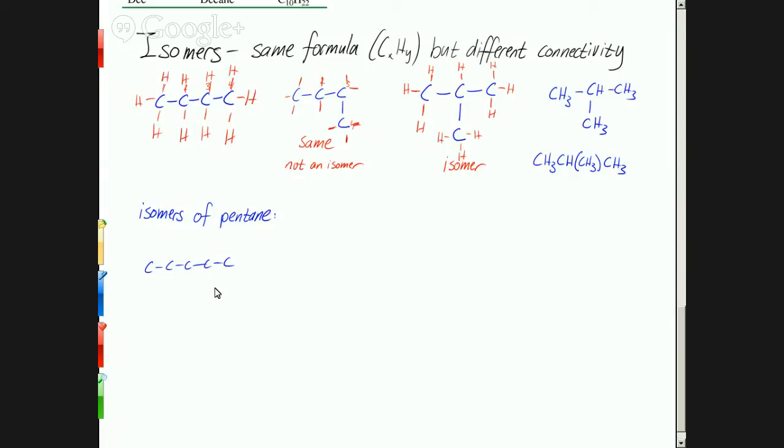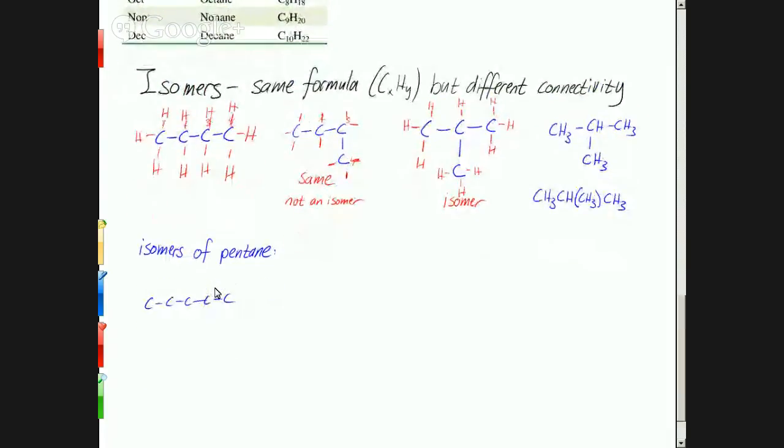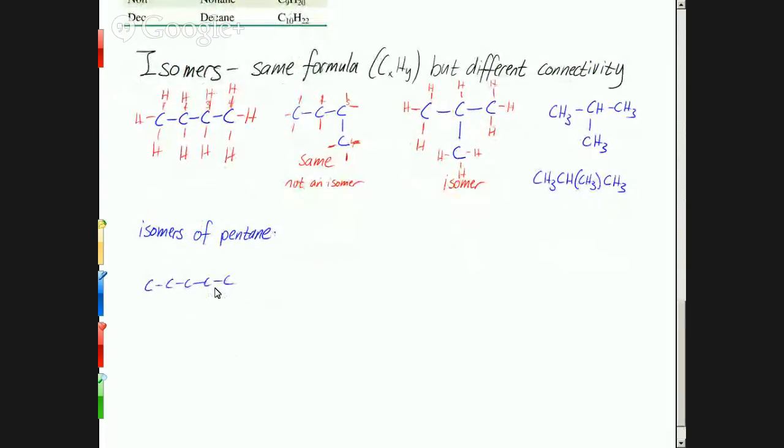Why does this one work? Nathan's writing, go ahead, keep writing. We'll keep talking about this one. Why does that work? Why is that an isomer? Why does it answer the question? Why is it an isomer of pentane?